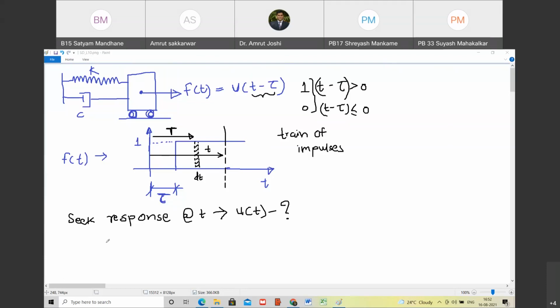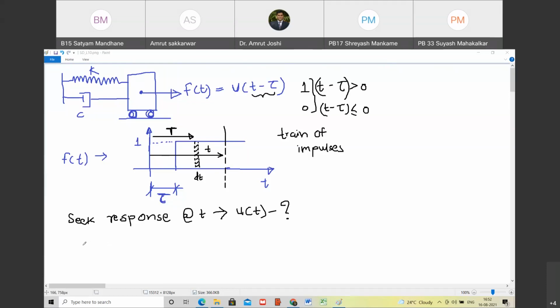Now we have already found out the response of a single degree of freedom system to such an excitation by solving a second order non-homogeneous differential equation. We solved it.